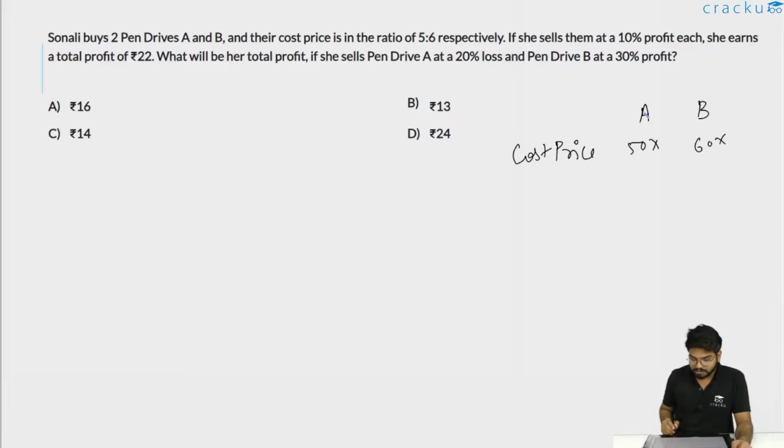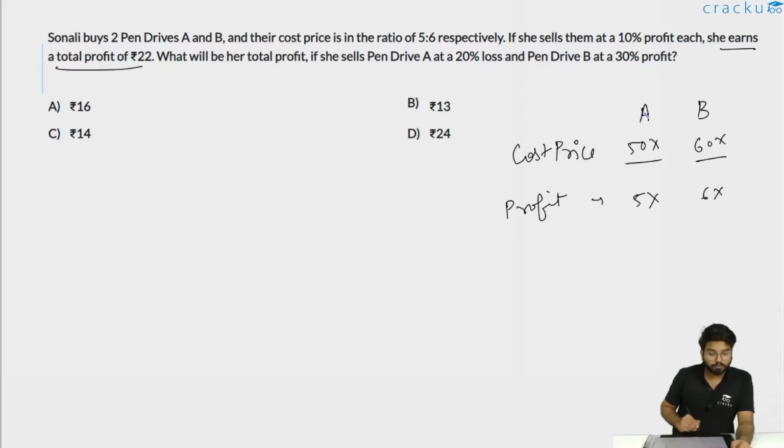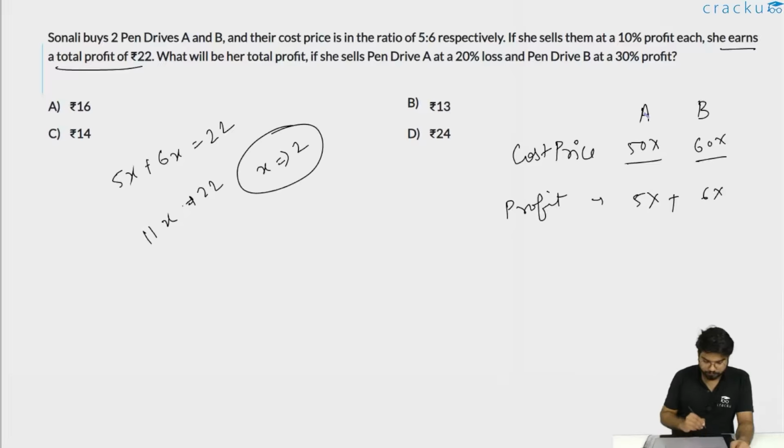If she sells each of the pen drives at 10% profit, then 10% of 50x will be 5x. Similarly, 10% of 60x will be 6x. She earns a total profit of 22 rupees, which is the sum of both the profits, that is 5x plus 6x is equal to 22, or we can say 11x is equal to 22 and x is equal to 2.